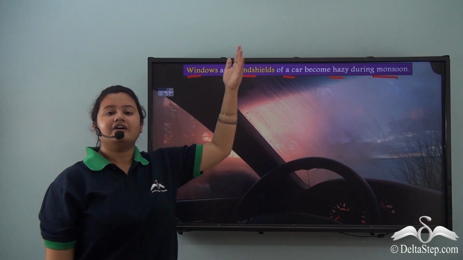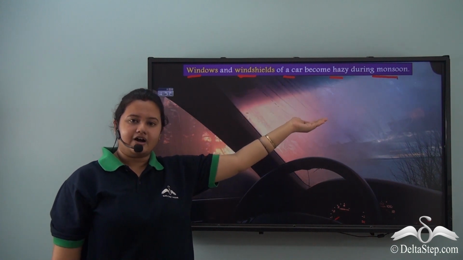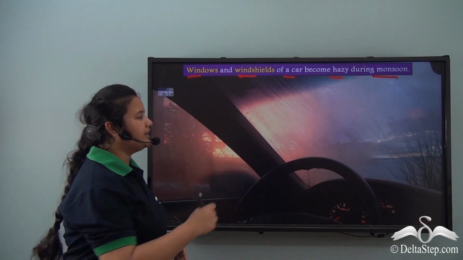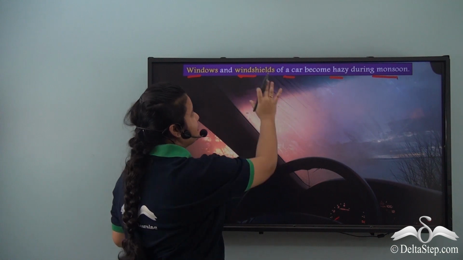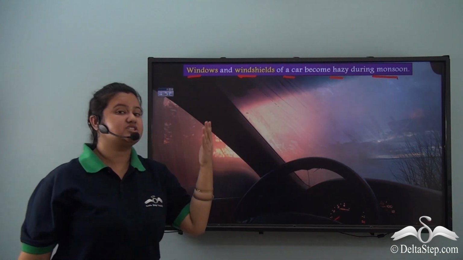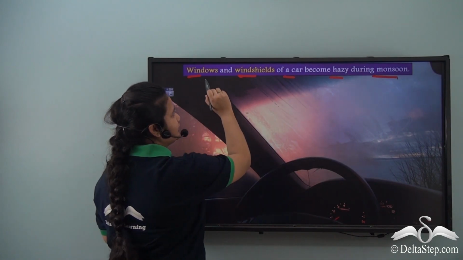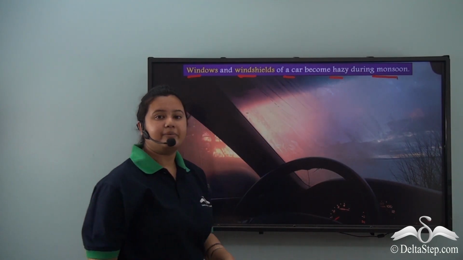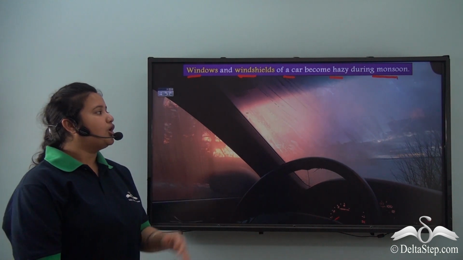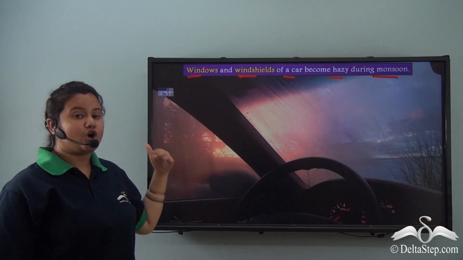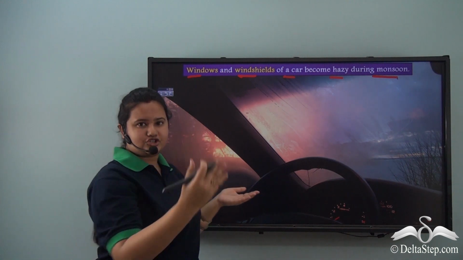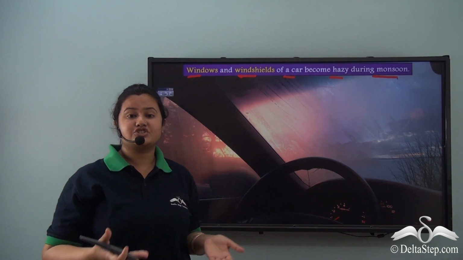Therefore, the air outside the car which carries moisture, when it comes in contact with the windshields of a car which is comparatively cooler, condenses, and therefore the windows and windshields of a car become hazy. Now, this haziness obscures the vision of drivers and leads to accidents.